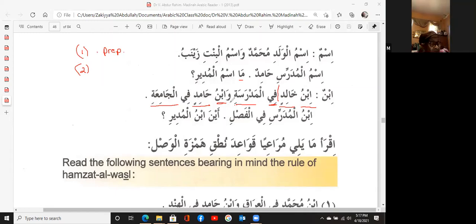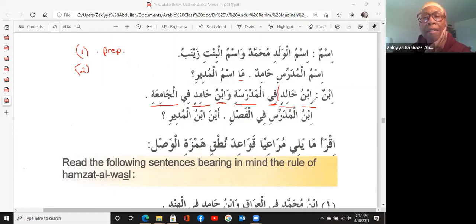So you have Ibnu Khalidin fil madrasati wabnu Hamidin fil jamiati. The son of Khalid is in the school or the madrasa, and the son of Hamid is in the university.